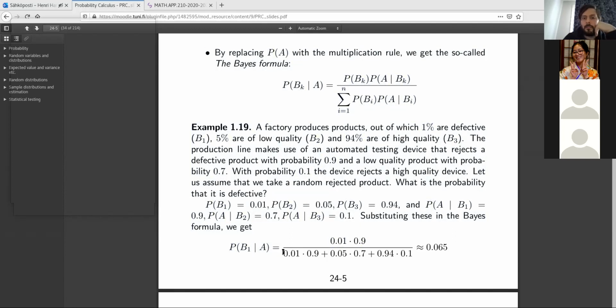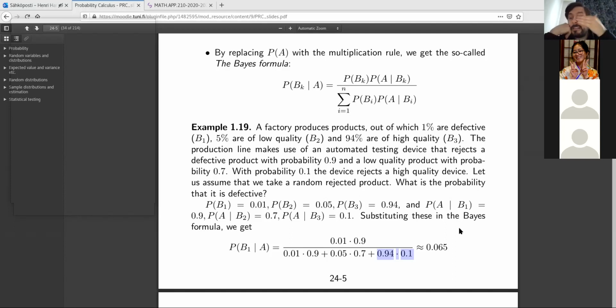Then the probability of being rejected in general is gained by adding all these conditional probabilities: if it's defective and rejected, if it's low quality and rejected, and if it's high quality and rejected. So only 6.5% of those rejectees are defective. We can similarly calculate the probability that it is high quality.